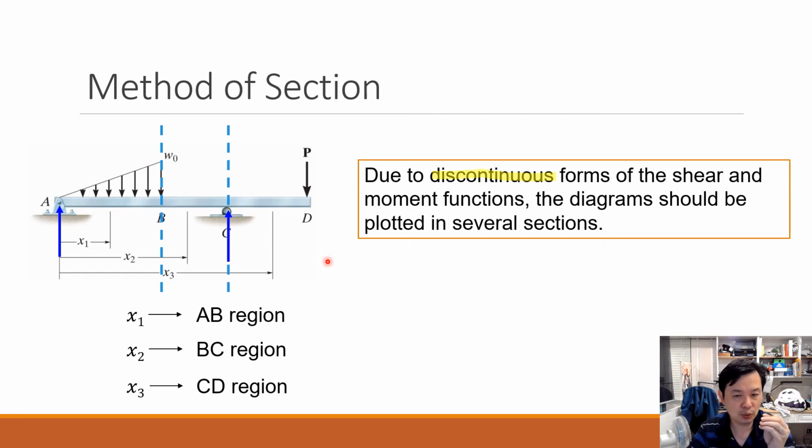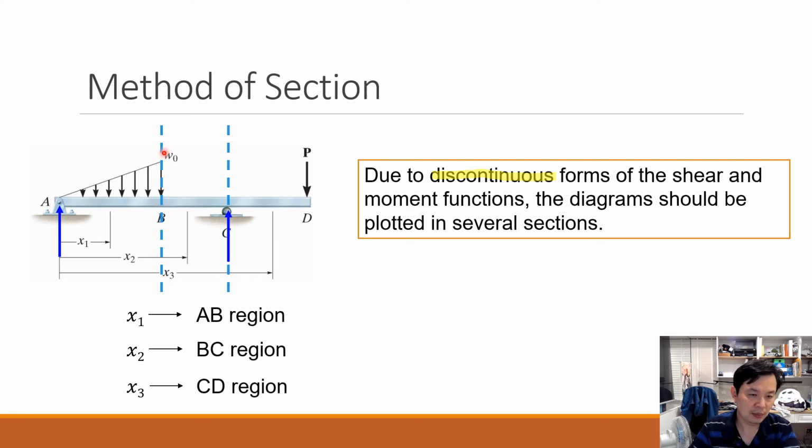Then, in order to present this kind of condition in your diagram very well, you need to plot them section by section. So here, in order to plot the diagram for this beam, this is not a very complex beam, but from A to B, you need one coordinate system to present the distribution within this section.